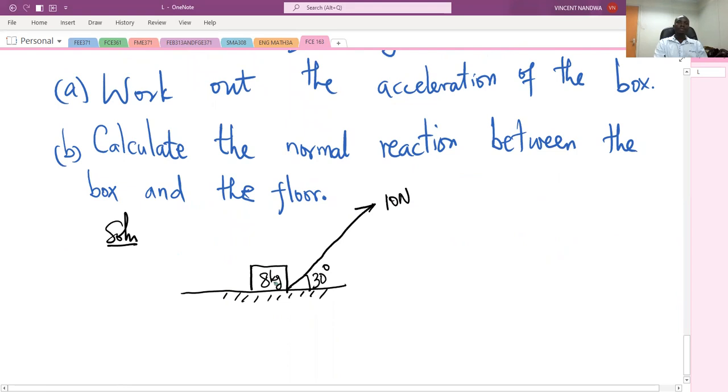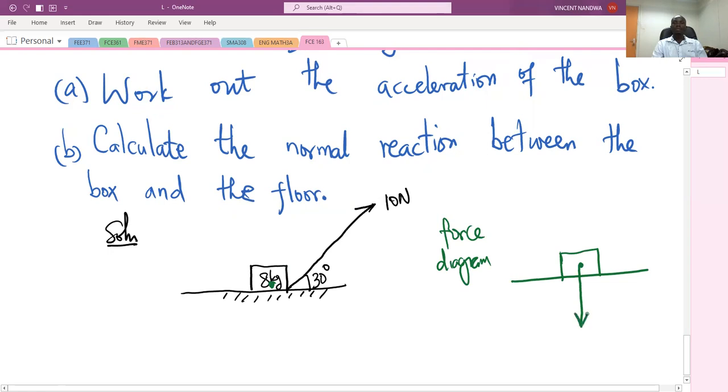So let's draw a force diagram, which is simply a diagram showing all the forces acting on the particle. We draw this horizontal, and then let's draw our forces here.